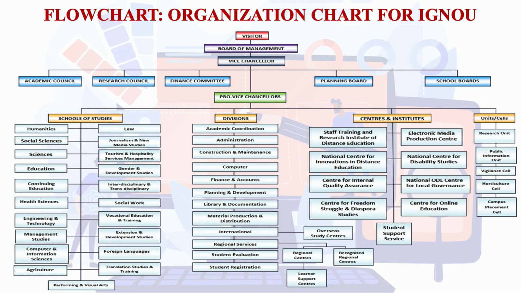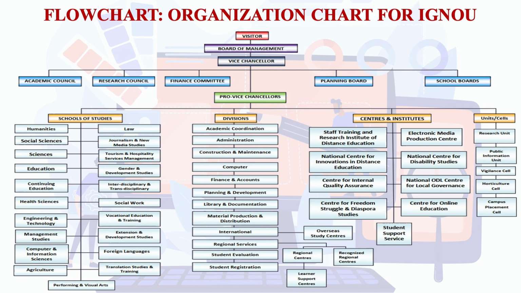Another type of organization flowchart, one example of which you can see on the screen, is from IGNOU. The IGNOU organizational structure shows the hierarchy, with the visitor, the President of India, as the topmost, and then the board of management.